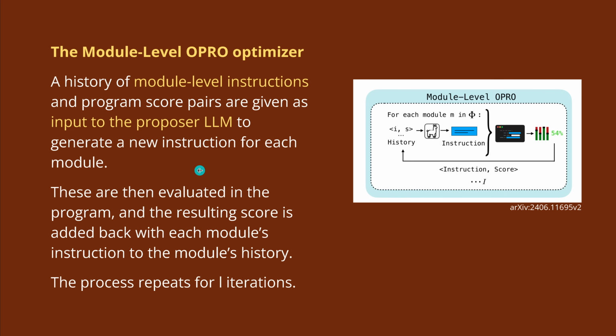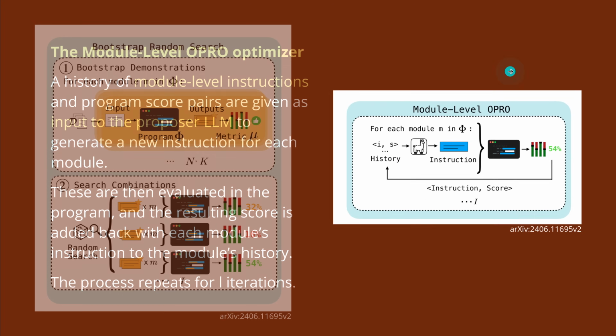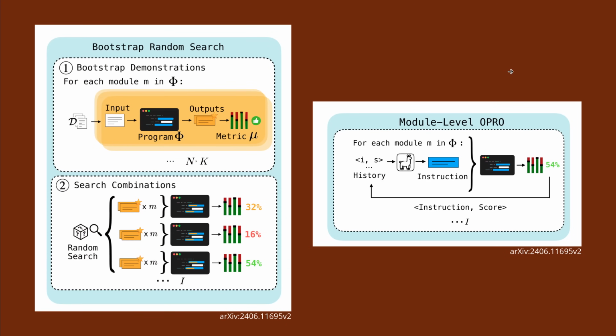And those are then evaluated here by your Python program. You just run it and you get a score from 0 to 10, whatever you want. And this is added back with each module instruction to the module history. And then we just let it run here in a loop for multiple iterations. So we have a system that tries to self-optimize itself. You see, couldn't be easier.